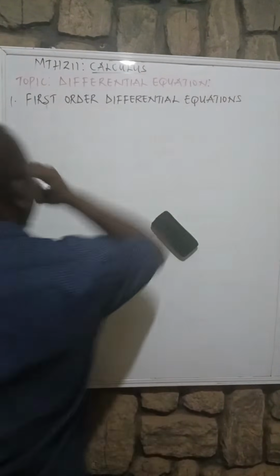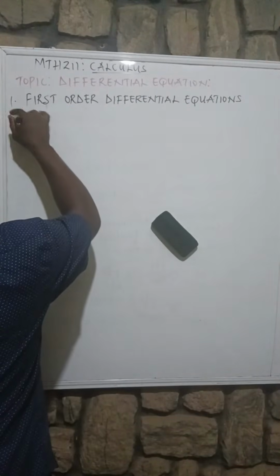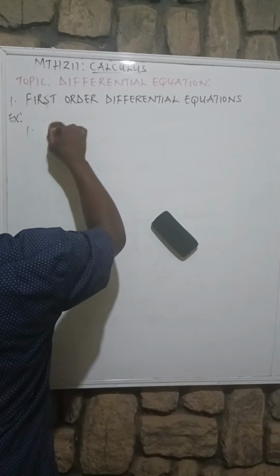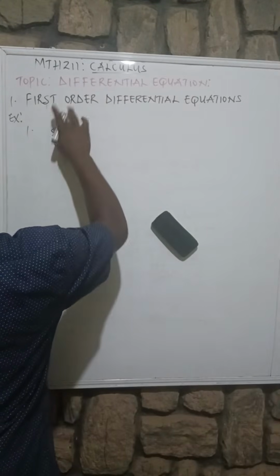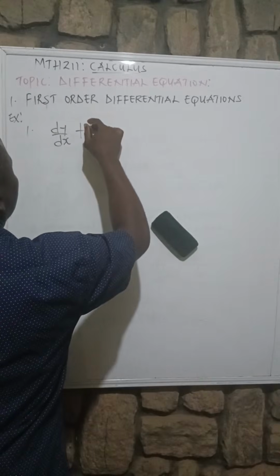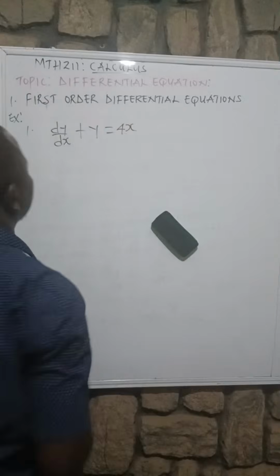Okay, so example 1 of a first order differential equation, where we have dy all over dx plus y equals to 4x.